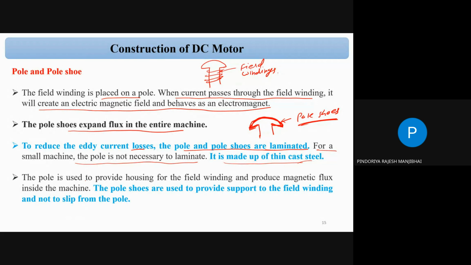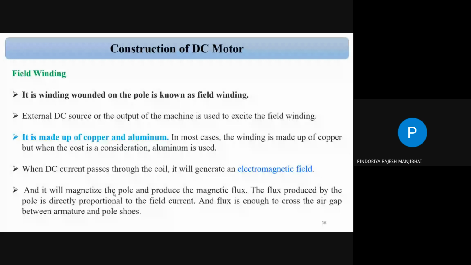The pole is used to provide the housing for the field winding and produce magnetic flux inside the machine. The pole shoes are used to provide support to the field winding so it does not slip from the pole. Yes, that is the most important thing.